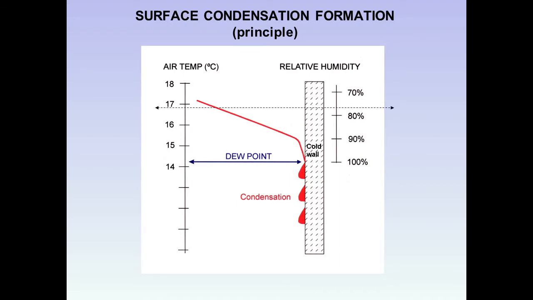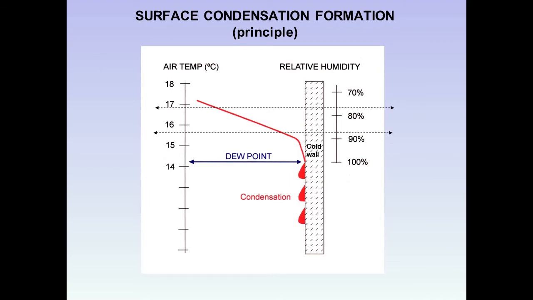So we start off in our hypothetical case with air somewhere in the order of 17 degrees and a relative humidity of 76, 77. However, as that air comes into very close contact with the wall, it's being cooled, our bucket is getting smaller, and at say 15.5 degrees we have the relative humidity increased to about 88%.